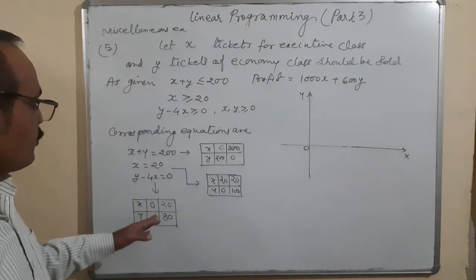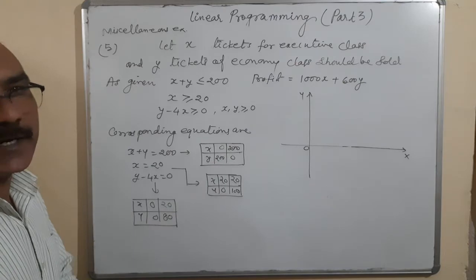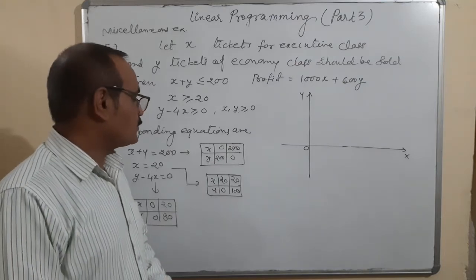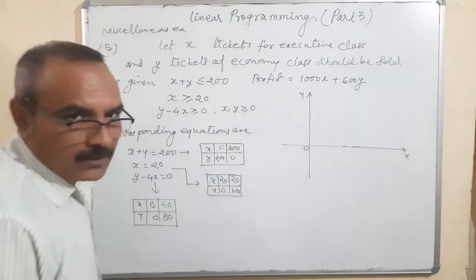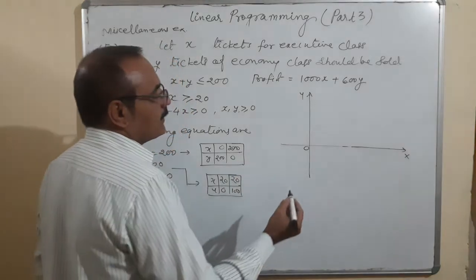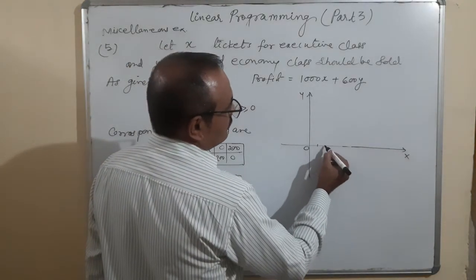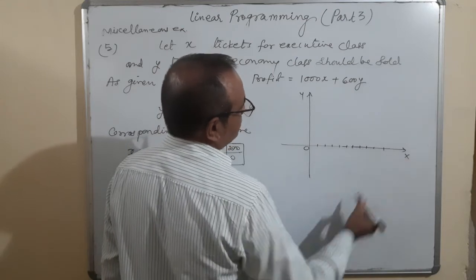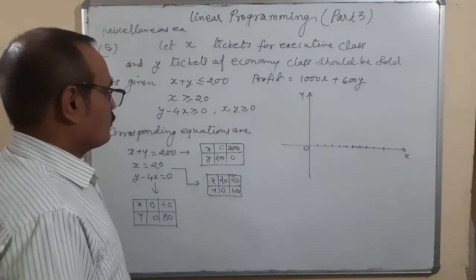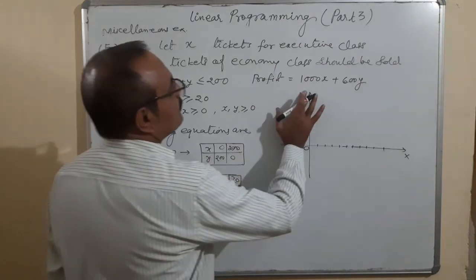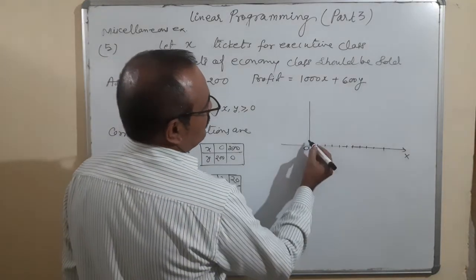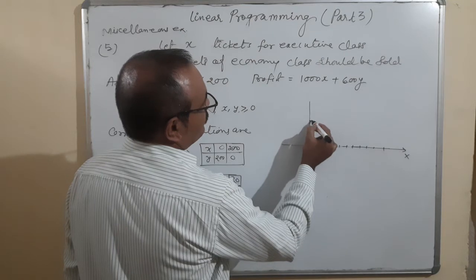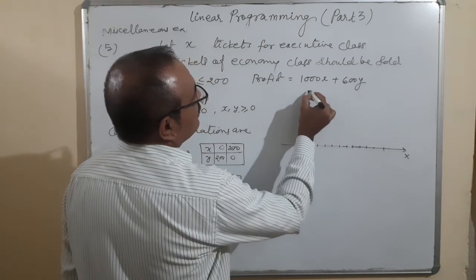Minimum is 0, and the maximum is going up to 200. So I take 1 unit equal to 10. So 1, 2, 3, 4, 5, 6, 7, 8, 9, 10, on both axes.